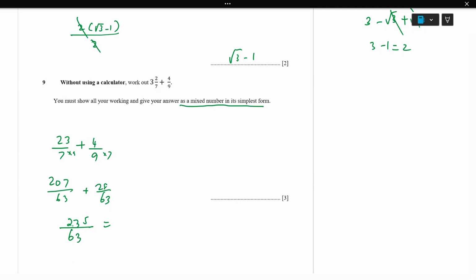How many 63s are there in 235? 4 is not possible, only 3. 3 times 63 is 189. Take away 189 from 235, so 46. 46 over 63. So this is the answer, 3 and 46 over 63.